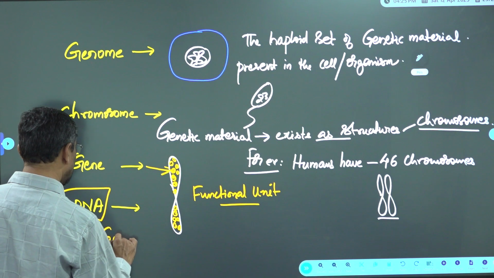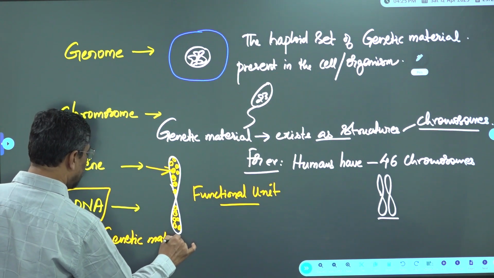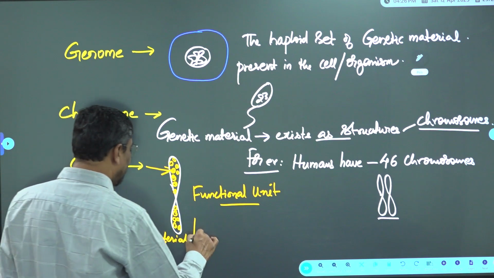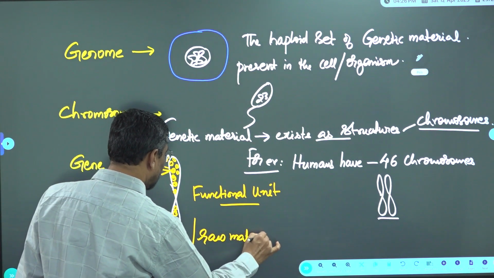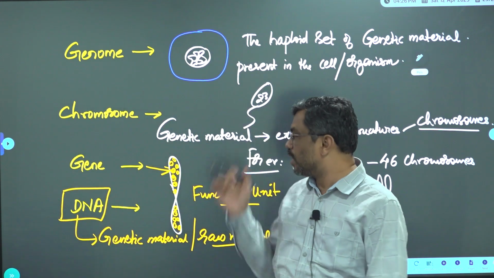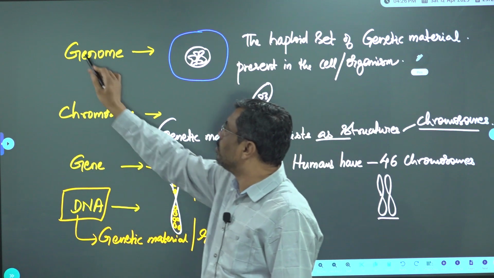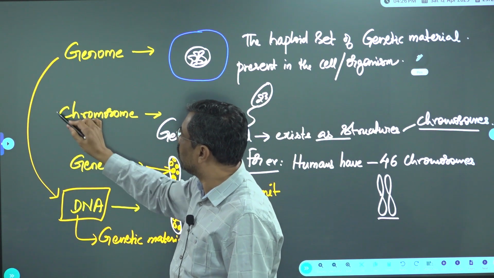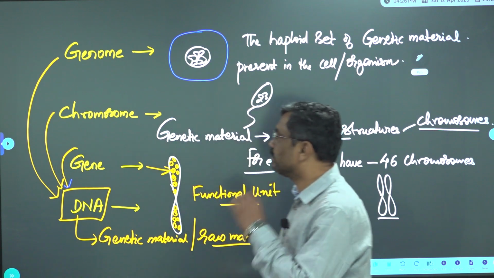DNA is the genetic material, or DNA is the raw material required for heredity. So that means the genome is made up of DNA. Chromosomes are made up of DNA. Genes are made up of DNA.